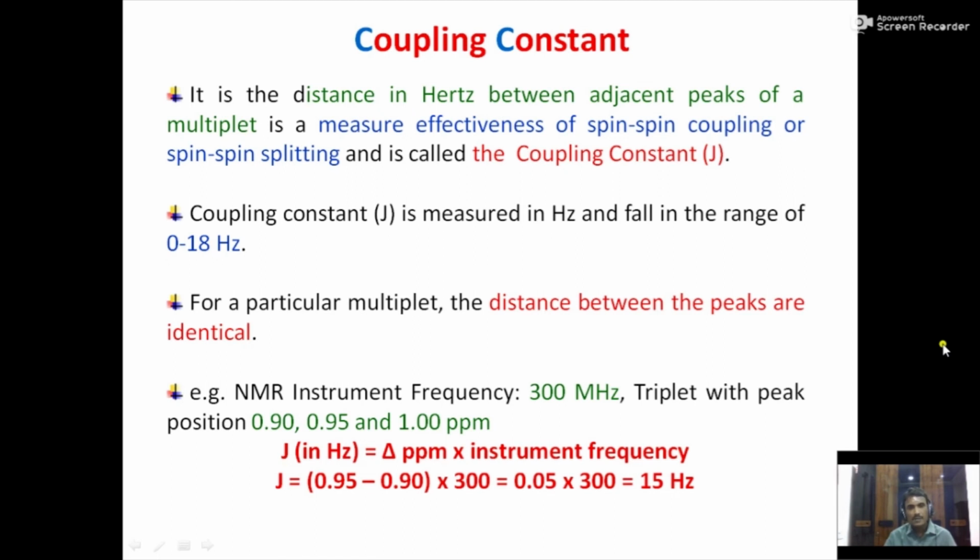You can take the difference in the peak positions, 0.95 minus 0.90, and multiply that difference by the instrumental frequency. The difference is 0.05 in this case. Just multiply it by 300, so you will get 15 hertz. Simple thing.